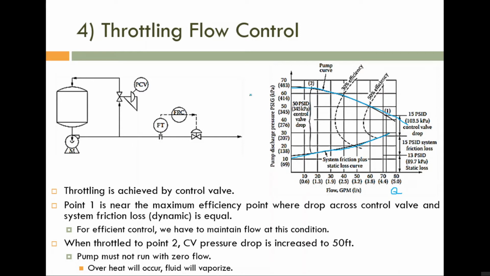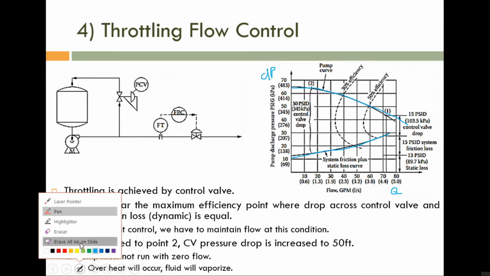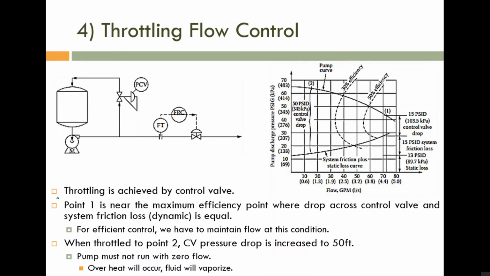This is the discharge pressure of the pump; no need to note down these numbers either. For the time being, forget about this one. Just note down the curves and the axes, flow rate and discharge pressure. So please note down these two diagrams.